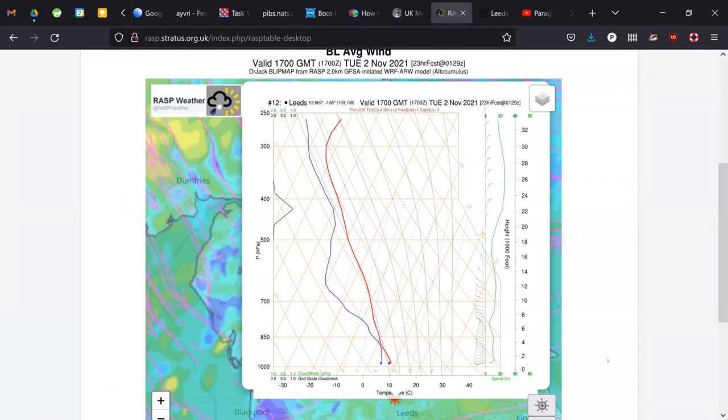So this is a real one from today, actually. You can see we've had quite a bit of cloud at mid-height with the dew point and the temperature trace for the day being so close to each other. And we had a clear night overnight. We've got a tiny little inversion down at the bottom there, very close to the ground.